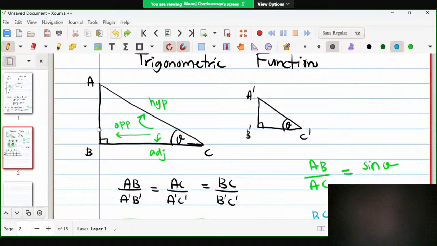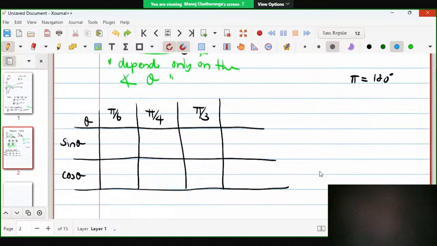So there are limiting cases, but if you guess what happens at those limiting cases, you can add them into the same table. So let me add them to the table.